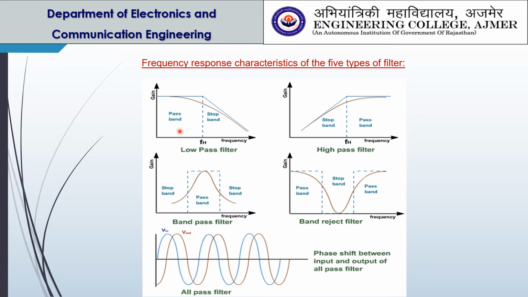Therefore, the bandwidth of a low pass filter is given by fH. At fH, the gain is down by 3 dB, and after that the gain decreases as frequency increases. The frequency range 0 to fH Hertz is called pass band, and the range beyond fH is called stop band.